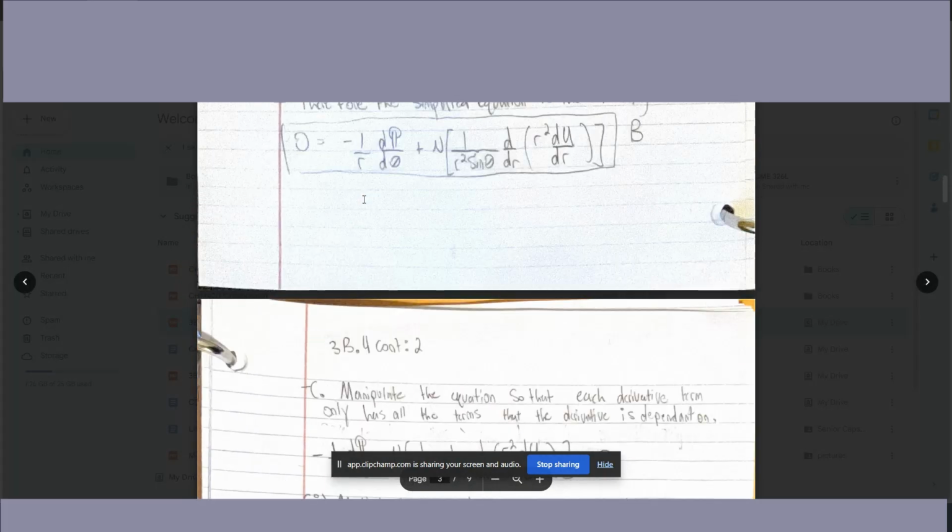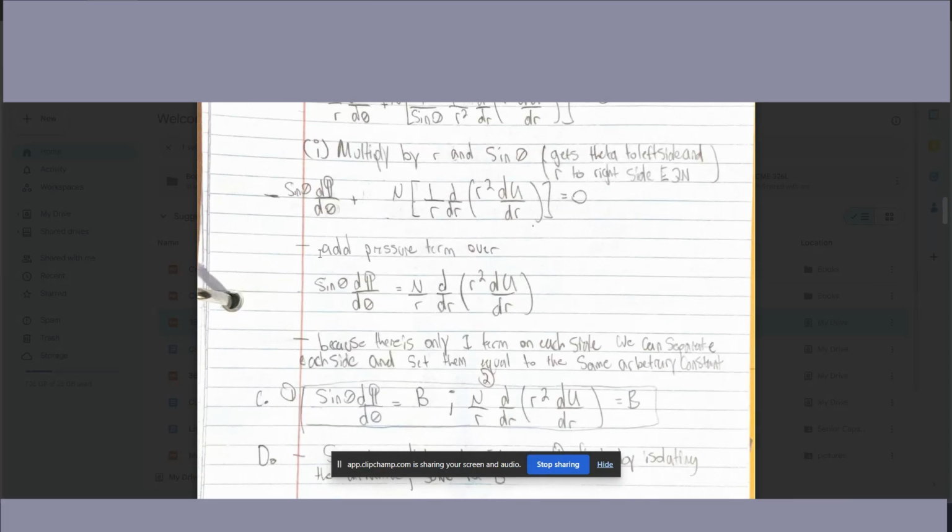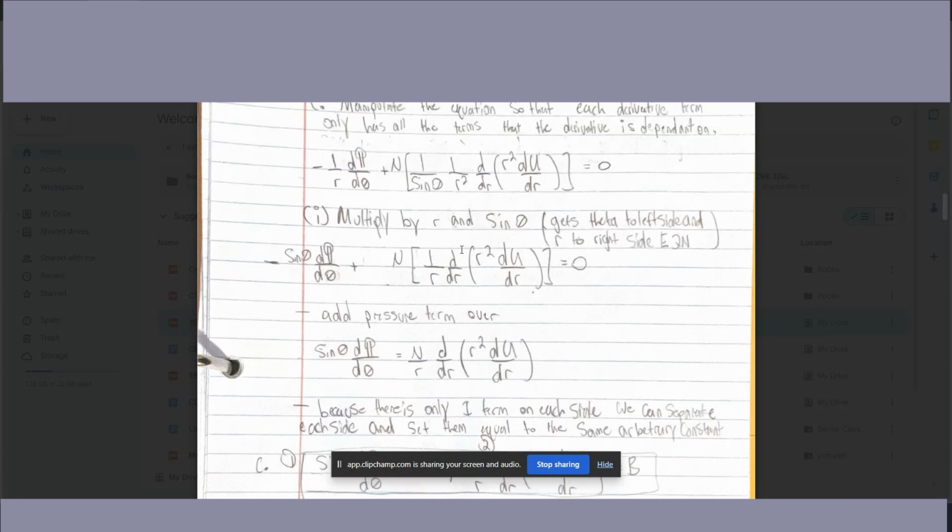So we had this equation, and we're moving this to this side, and we're going to move this equation to this side, and we're going to bring the sine theta along with it, because this is dependent on theta. So move the sine, multiply by r to get rid of it from this.